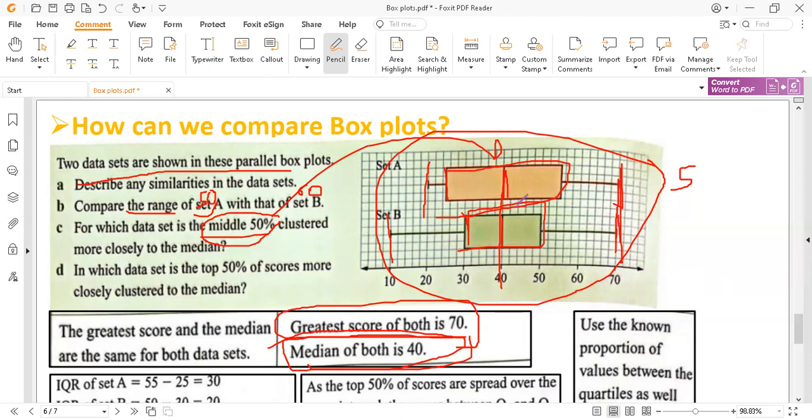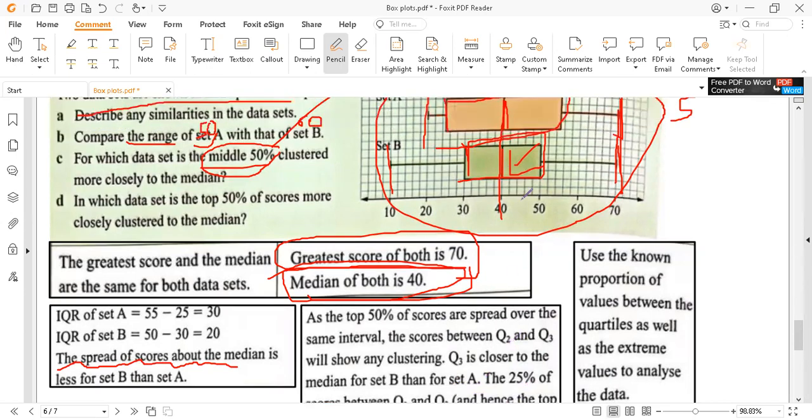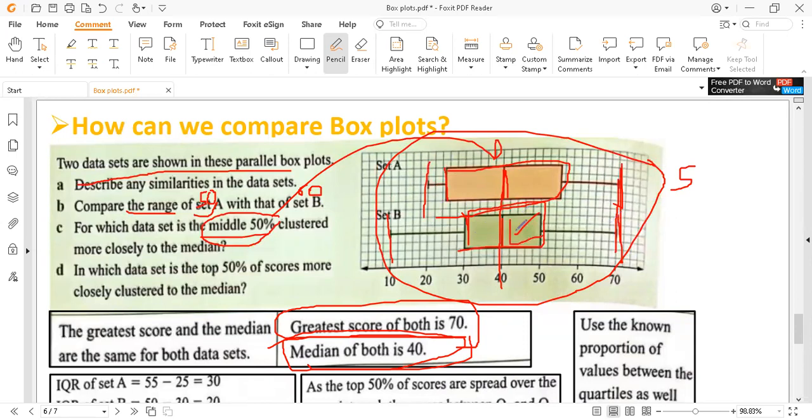The green one, set B, is smaller. So we can say that the middle 50% in set B is more closely clustered to the median than in set A.